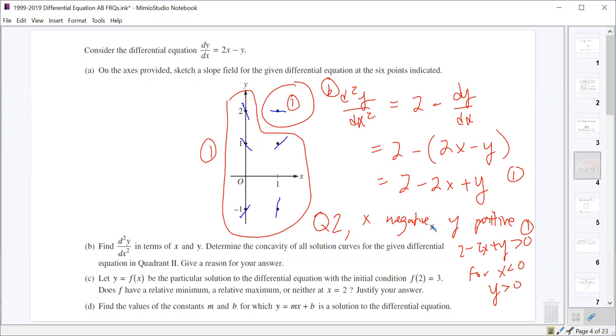If you just said x is always negative, y is always positive, and that makes the second derivative always positive, so concave up, that's good enough. You need to write something about x being negative and y being positive, which makes the second derivative always positive. You didn't need to algebraically write it out. You write it out in words in some form, but something that makes it clear that that's always positive.